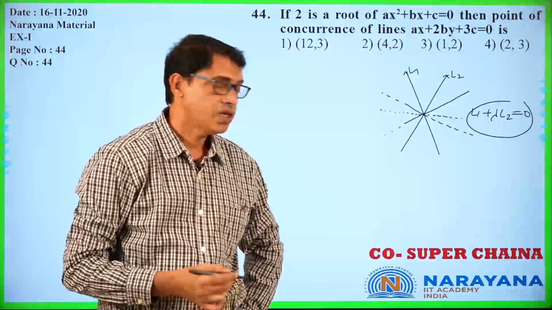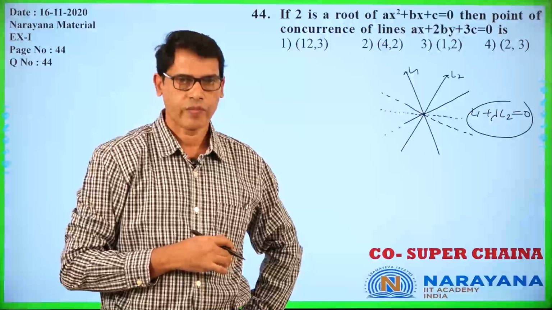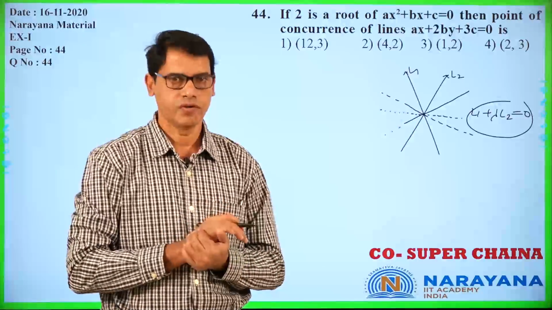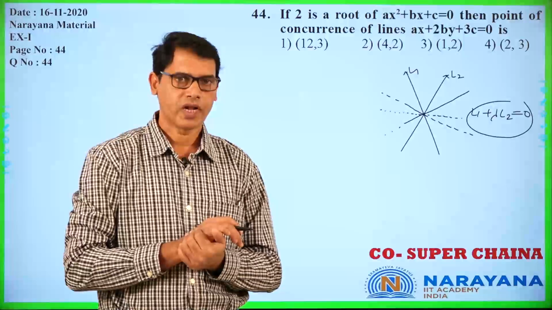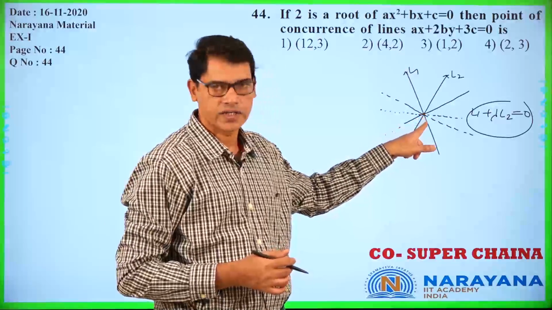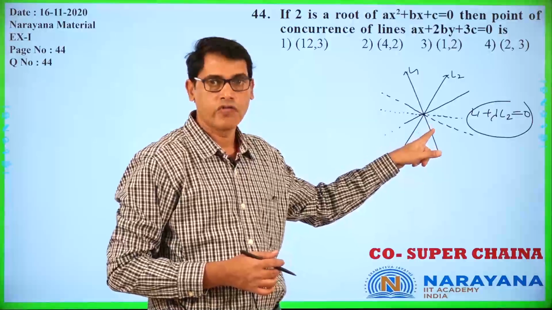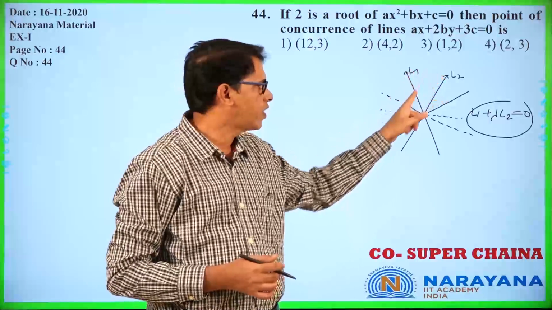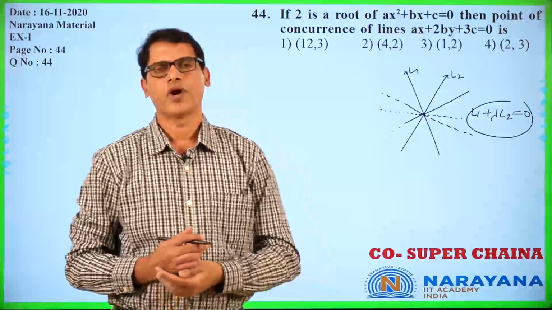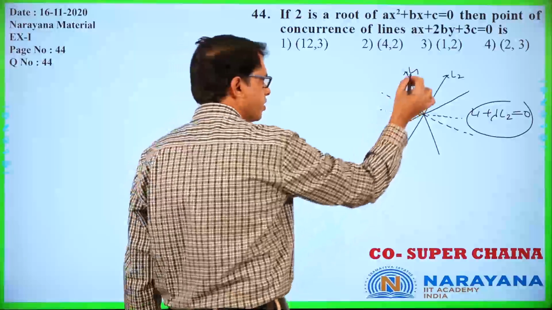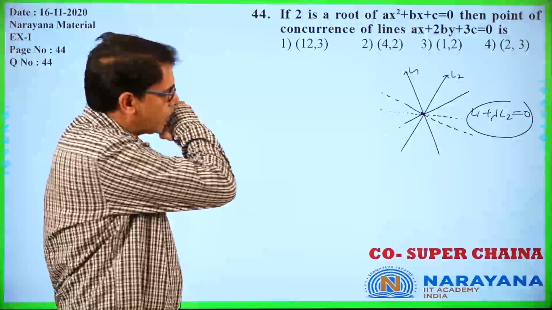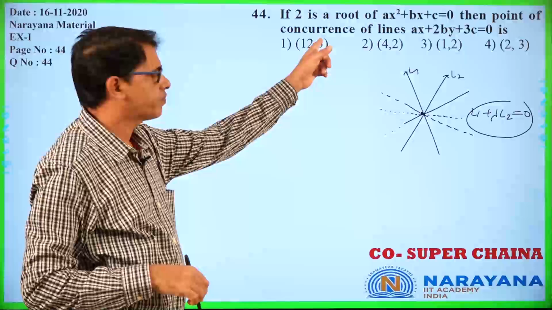So it represents a family of lines, where lambda is the parameter. Here L1 and L2 are the given lines, and this is the point of concurrency. How do we get it? By solving L1 and L2, we can find the point of concurrency. Am I right? Solve these two, we get this point. Now here I am using this concept.